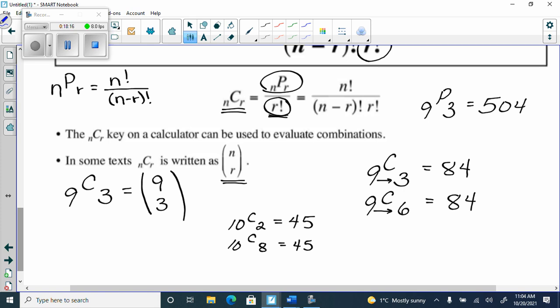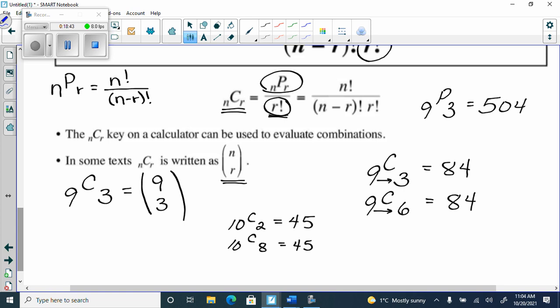Try it out. 10C8. You can see the same answer, doesn't it? The common difference between the two. So instead of giving the answer 9C3 when I'm picking a 3-person subcommittee, they could actually have a multiple choice answer as 9C6. It's the same answer, even though you're only picking a 3-person subcommittee.